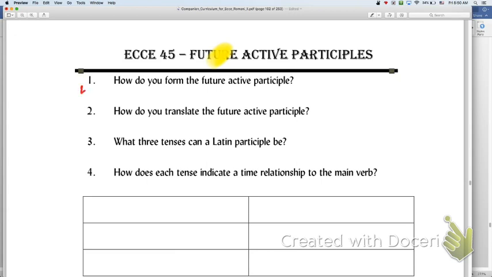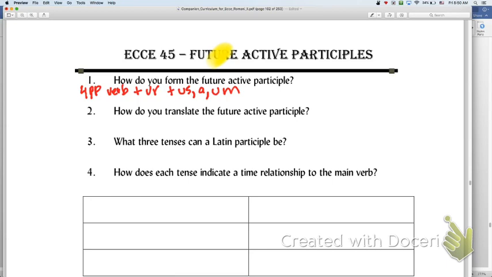Okay, so here's how you form the future active participle. You take the fourth principal part of the verb, and then you add a UR before you add the us, a, um.